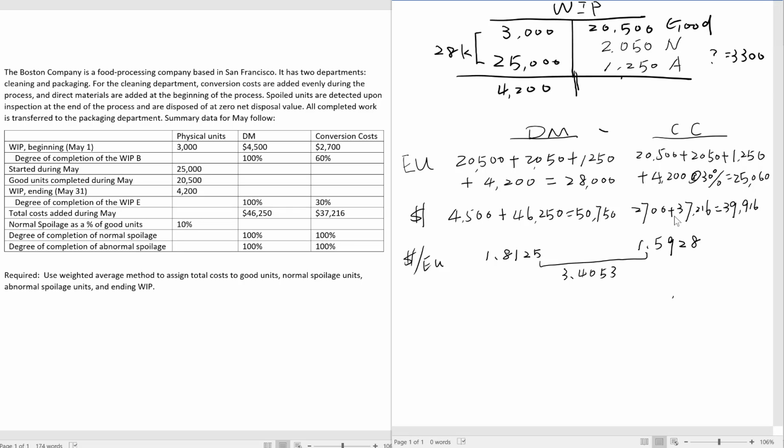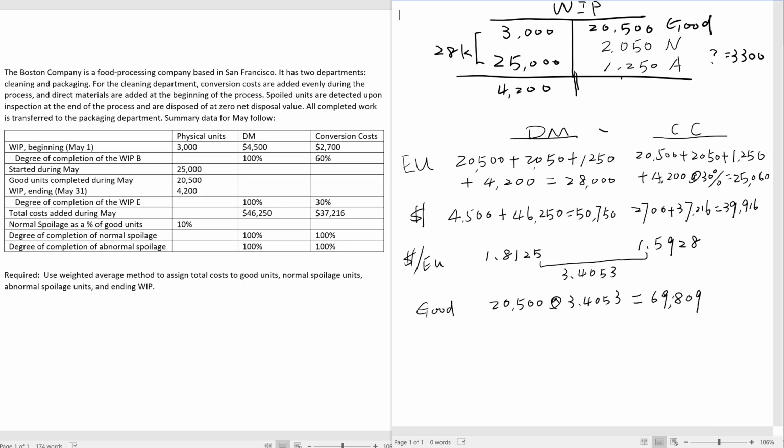Finally, we can assign costs to different types of units. Costs assigned to good units: 20,500 units times 3.4053 equal to $69,809, rounded to dollar.